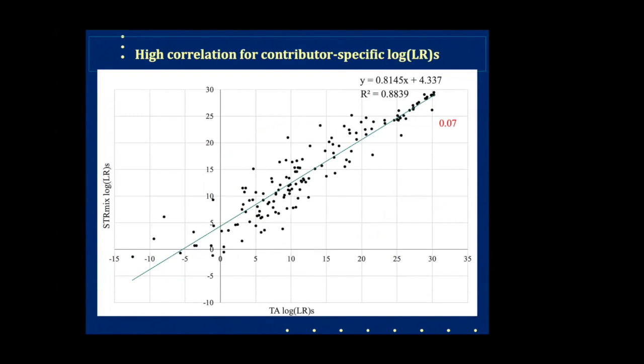So there is a high correlation when looking at all the mixtures tested and all the contributor-specific log LRs compared between STRmix on the y-axis and TrueAllele on the x-axis. I just wanted to point out the R-squared is above 88%.